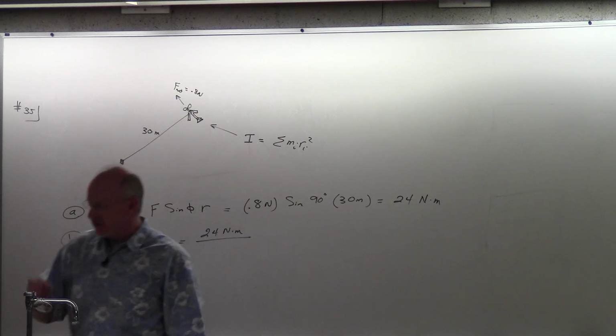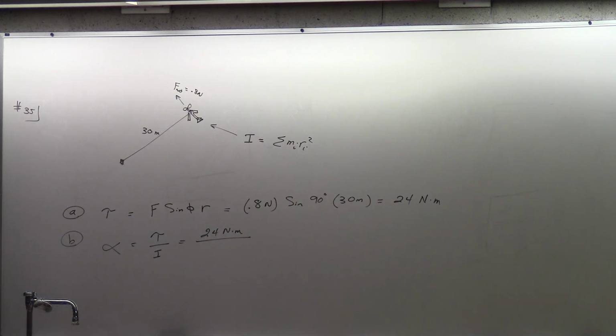You have to add up the mass of this airplane. How big is this airplane? Well, it doesn't really say, but would you think it's this big? Bigger? Smaller? Probably smaller than this. Maybe at most this. So in other words, how does the size of this airplane compare to 30 meters?